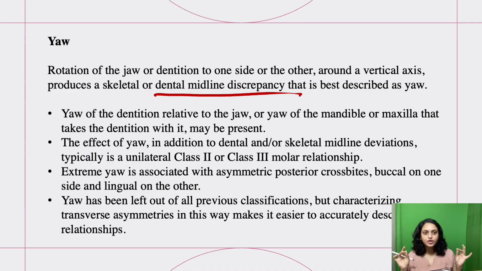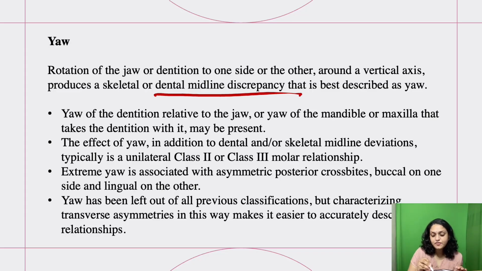So pitch, roll and yaw can be either in relation to the soft tissue or in relation to the skeleton. Both are applicable, but dental roll or dental yaw is not considered to be pitch, roll or yaw. Dental discrepancies are dental discrepancies only. So the yaw of the dentition can be either in the maxilla or the mandible.